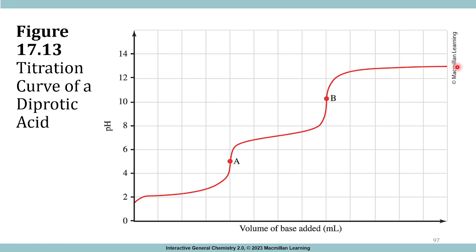This is probably the easiest way to understand titrations, by the way, if you just envision them as titration curves. What would a triprotic look like? You'd have 3 steps, right? You just have 3 equivalence points, 3 buffer regions. And they all end up with excess base coming on it, right? There you go.